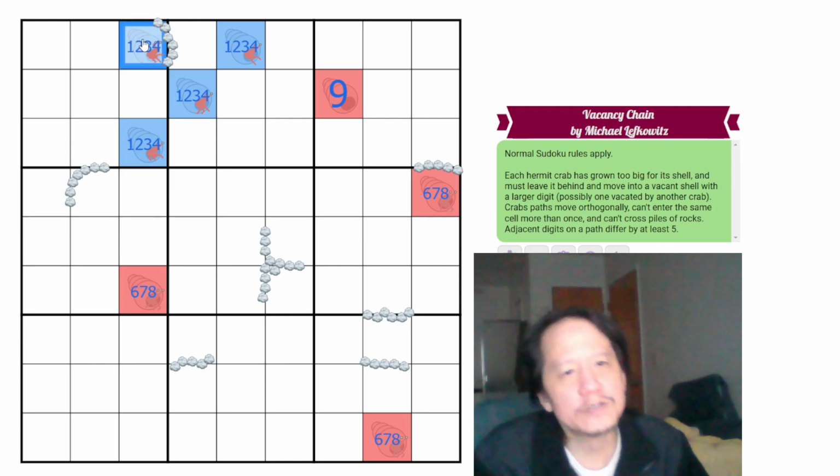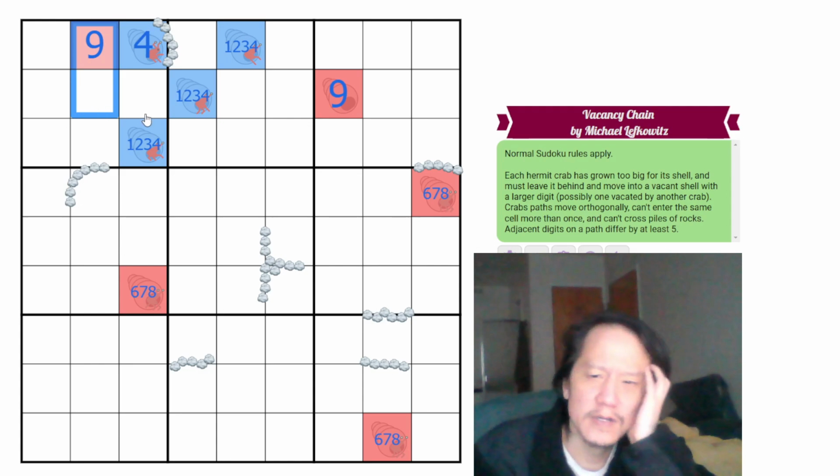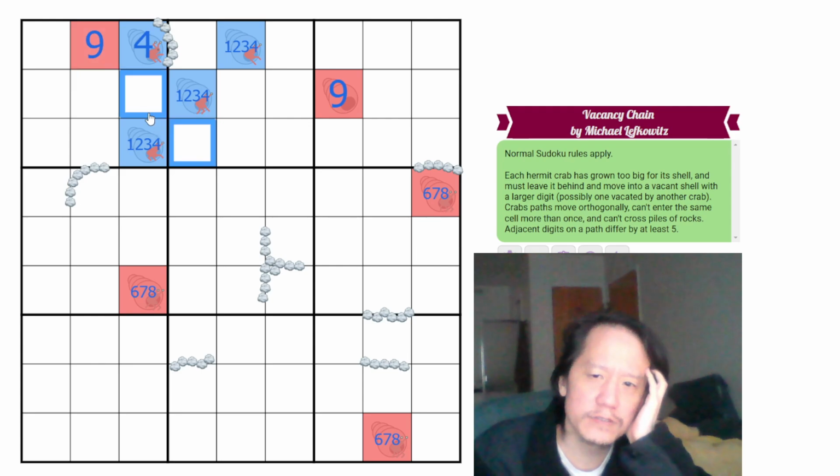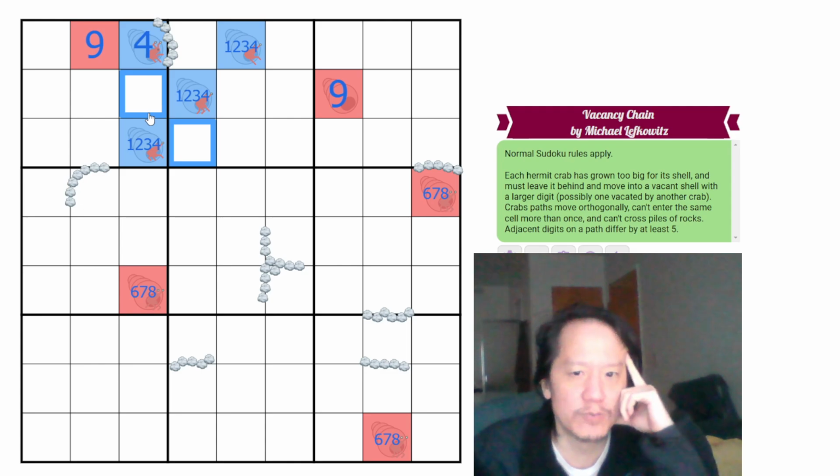Interesting. So if this was 4, this would only enter in and exit out this way, right? So this would have to be 9 and it would have to enter in and exit out that way. I'm thinking that it can't be that. It says crab paths can't enter the same cell more than once.